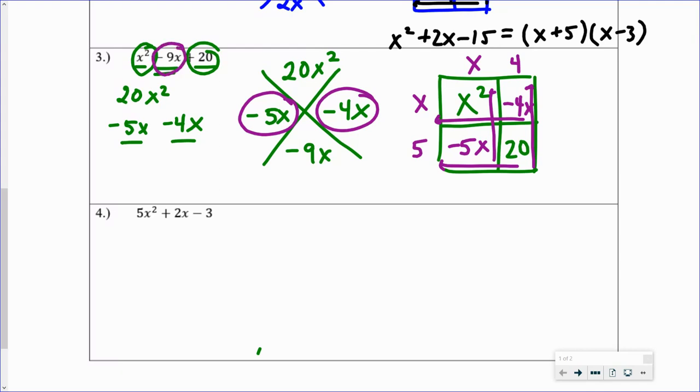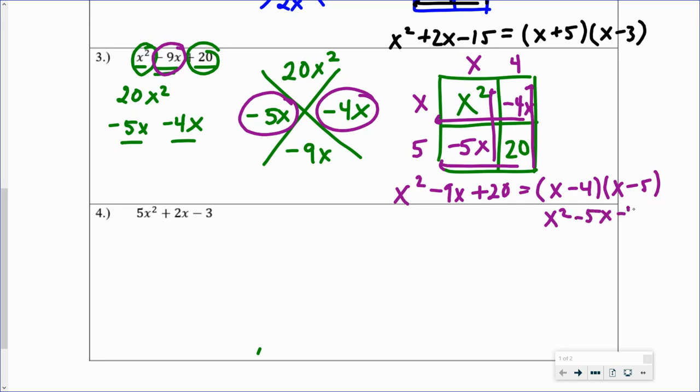So what we have to do in order to make this work, so x squared minus 9x plus 20, is make both of our constant terms negative. So x minus 4 and x minus 5. All right, and again, if we were to multiply this out, x times x is x squared. x times negative 5 is negative 5x.